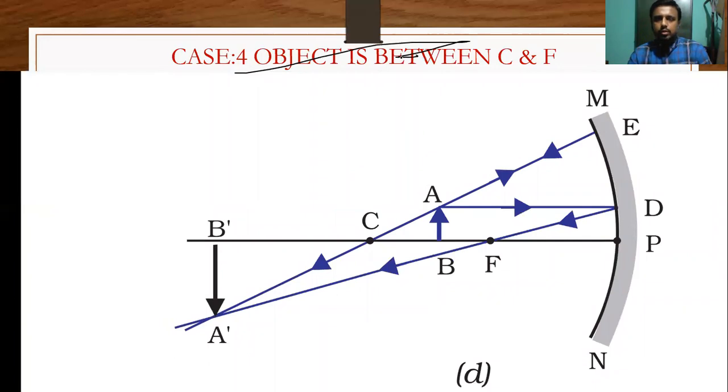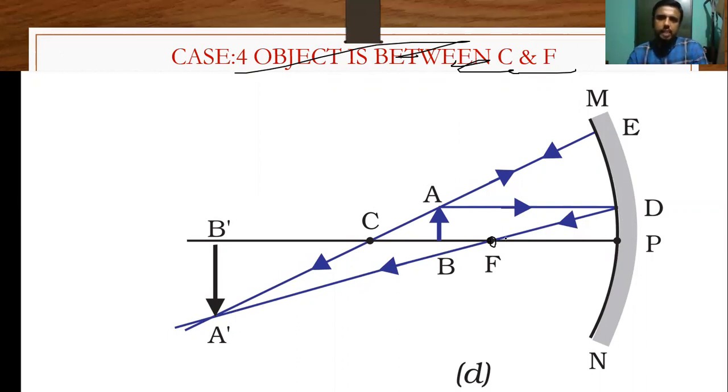In case 4, the object is between the center of curvature and the principal focus. Here the image is formed, and the object is AB. One ray passing from A parallel to the principal axis strikes the point D and passes through the point F, the principal focus, going out as the reflected ray DA dash.